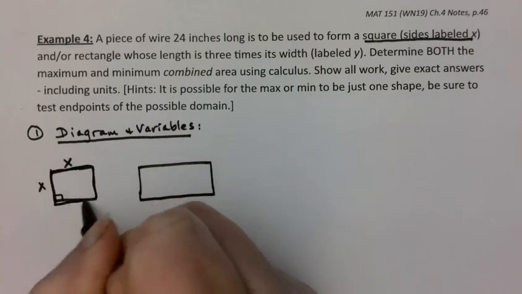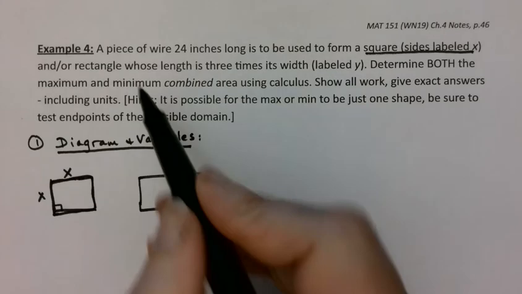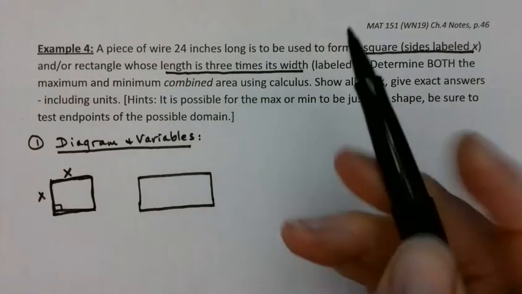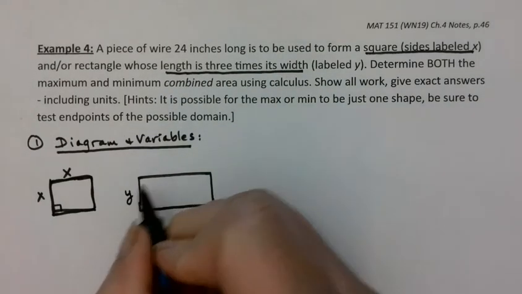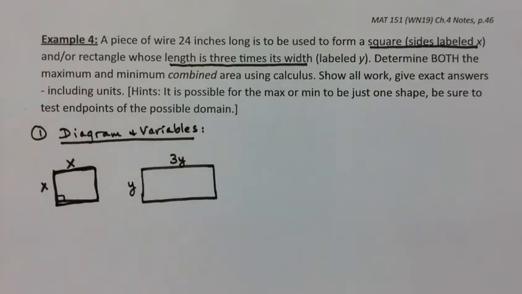And then over here we have a rectangle whose length is 3 times its width. So the width is Y, and the length is 3Y. All right, so we have our diagrams, and we have our labels and our variables.